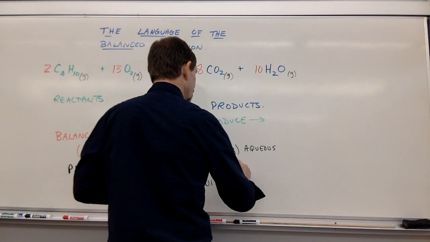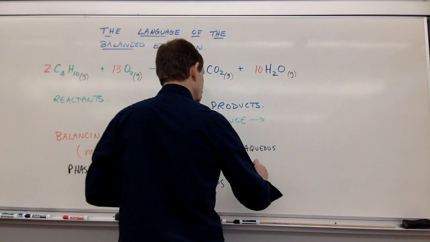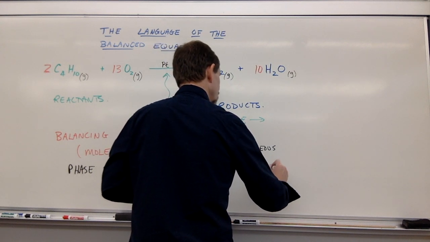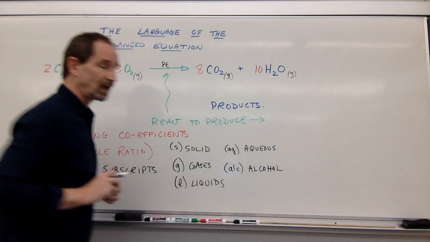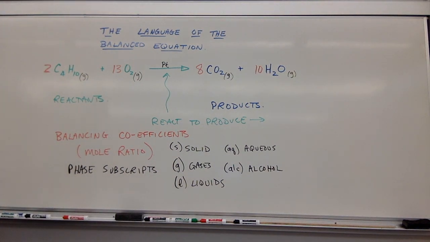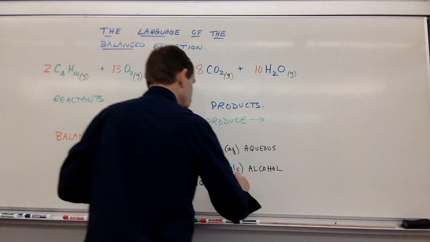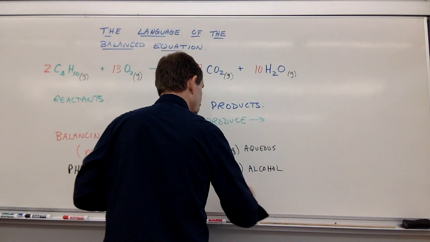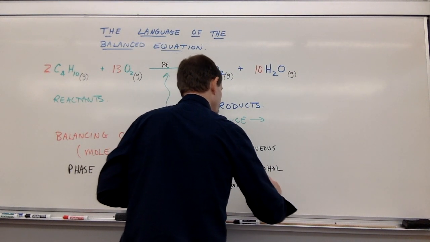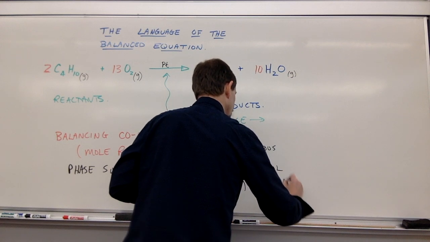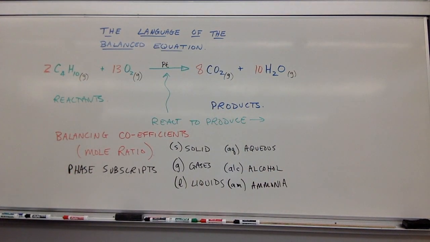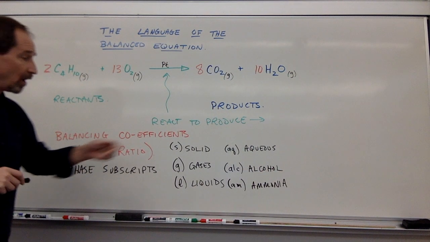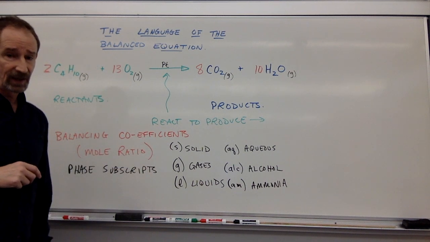If it's dissolved in an alcohol, we use ALC to indicate my solvent is an alcohol. I do a reaction with my grade 12 students in which my solvent becomes ammonia, so we use AM. So there are many different phase subscripts, although the most common, of course, are solid, liquid, and gas.